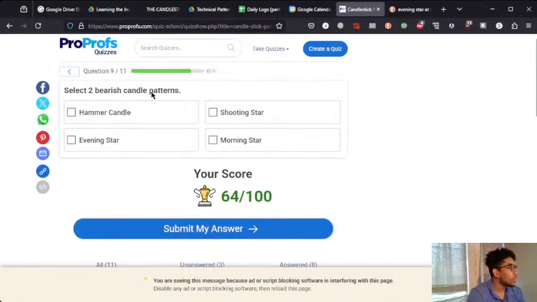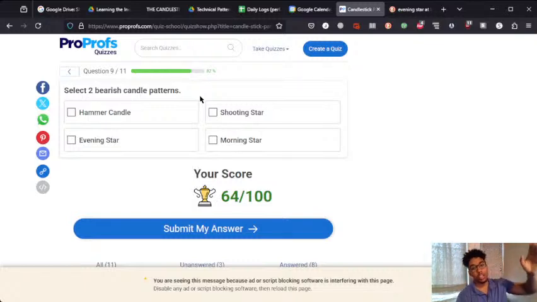Two bearish candle patterns. So a bearish candle pattern is a pattern that indicates a bearish trend. A bearish trend is a downtrend. Hammers are found at the bottom of a downtrend, and they're reversal indicators. So it's not a hammer. Hammers are usually indicative of a reversal, so if they're found at the bottom of a downtrend, it's indicative of an uptrend or a bullish trend.